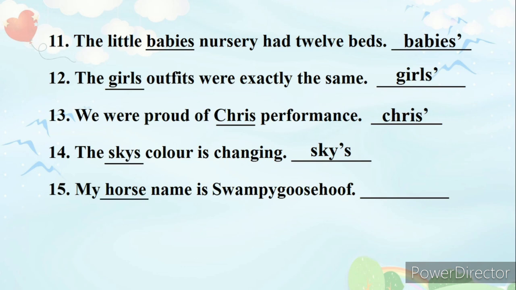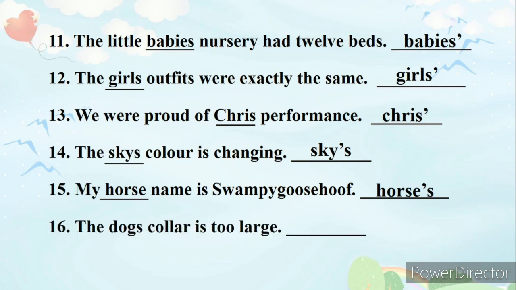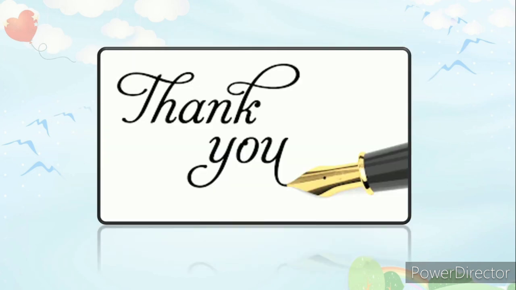So here the noun is horse, you have to underline horse, and the possessive form is horse's, adding apostrophe and s. 16. The dog's collar is too large. Which is the noun here? Dog. So underline dog, and the possessive form will be dog's, adding apostrophe and s.